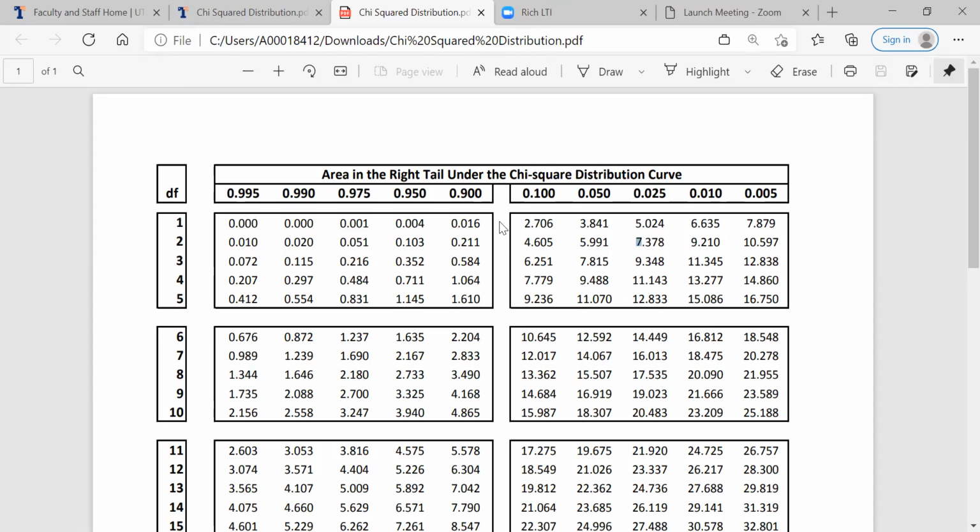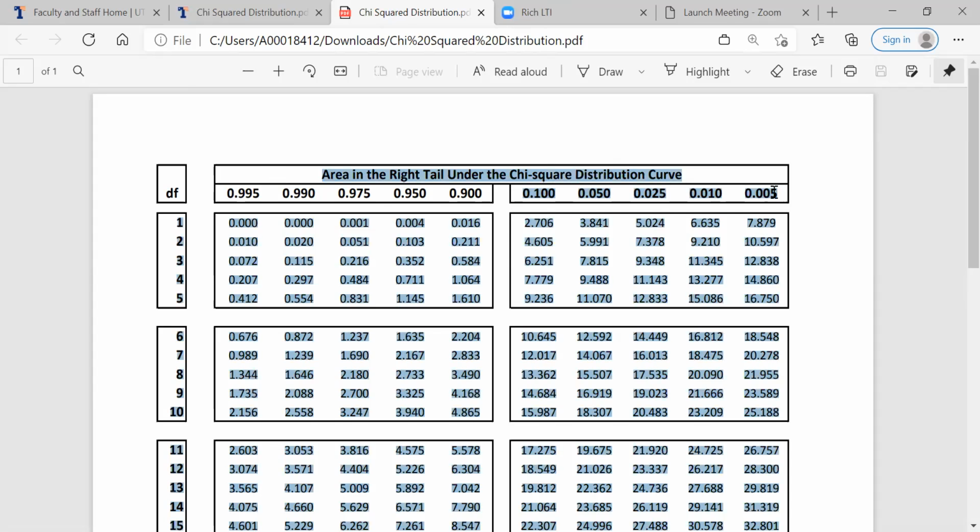But if you'll notice here in the chi-squared distribution, there are two very distinct groups of right tail areas. We have some small right tail areas: 10%, 5%, 2.5%, 1%, and 0.5%. But over here, we have much larger right tail areas: 99.5%, 99%, 97.5%, 95%, and 90%.